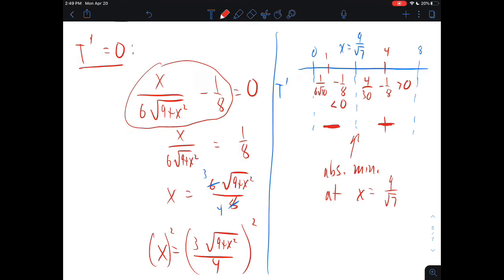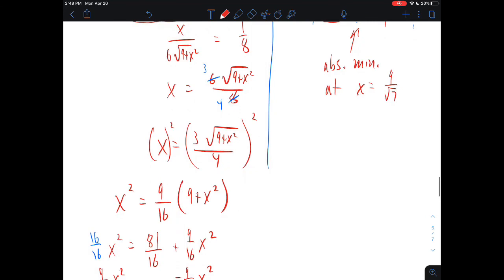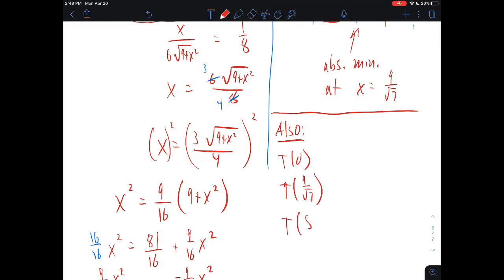Okay, you could also use the closed interval method to go all the way back to the beginning of chapter 4. And you could just verify this in another way. So it's not like one is better than the other. Maybe one might be saving you some time. But if you were to plug these in, you would get 1.5 for the number of hours it would take if he just rode straight across.